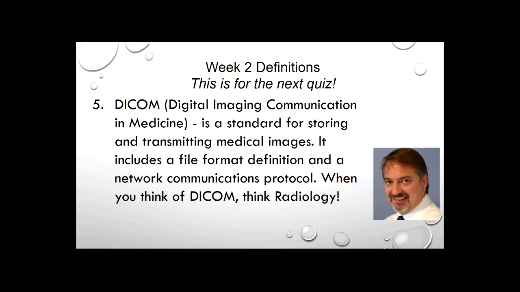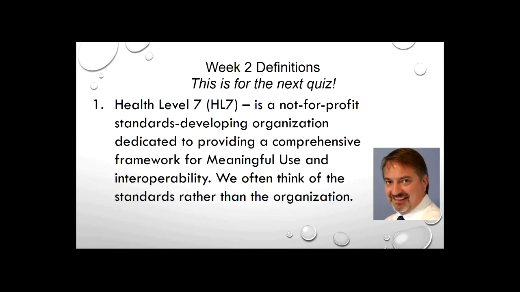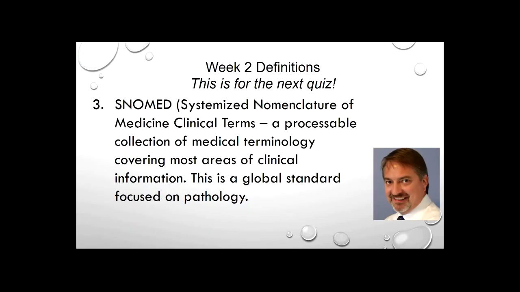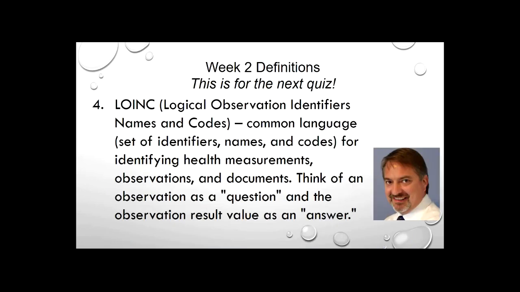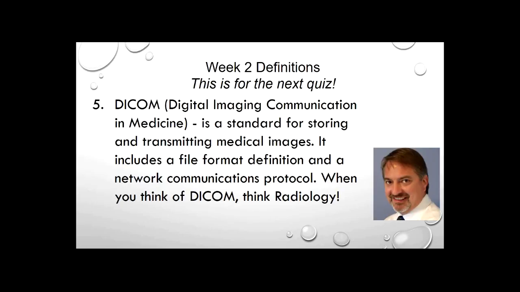So there's your five terms. Let's go back to the beginning real quick. These terms: HL7, Health Level 7; FHIR, Fast Healthcare Interoperability Resources specifications; SNOMED, Systematized Nomenclature of Medical Clinical Terms; LOINC; and DICOM.